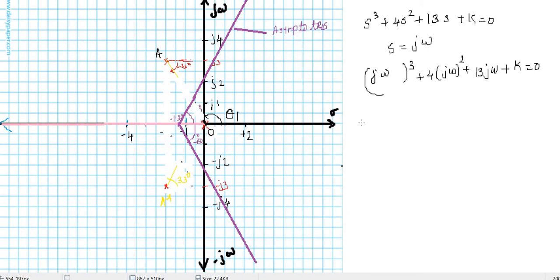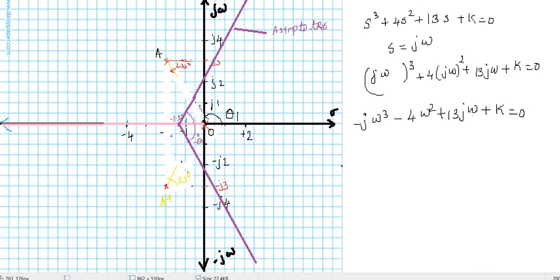Now we can rewrite this equation as, j cube is equal to minus j, so minus j omega cube. j square is minus 1, so it will be minus 4 omega square plus 13 j omega plus k equal to 0. Now we have to separate the real part and imaginary part.